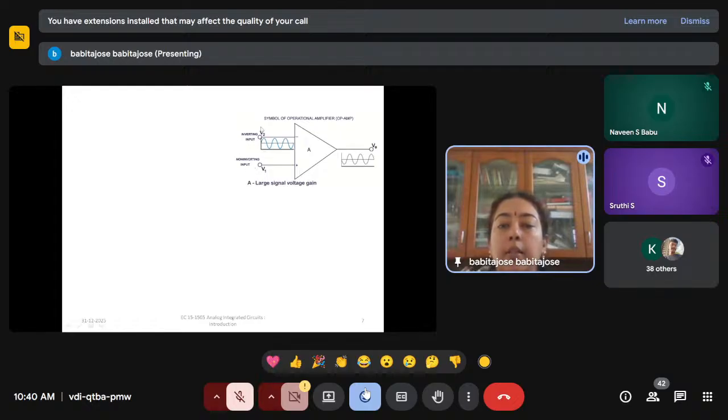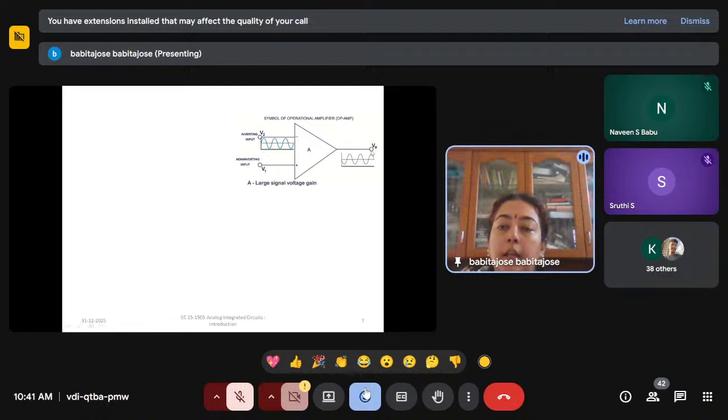And V2 is the inverting input, which means that any AC signal or DC voltage applied to the inverting input produces an output which is 180 degrees out of phase. You can see the input and output are 180 degrees out of phase.